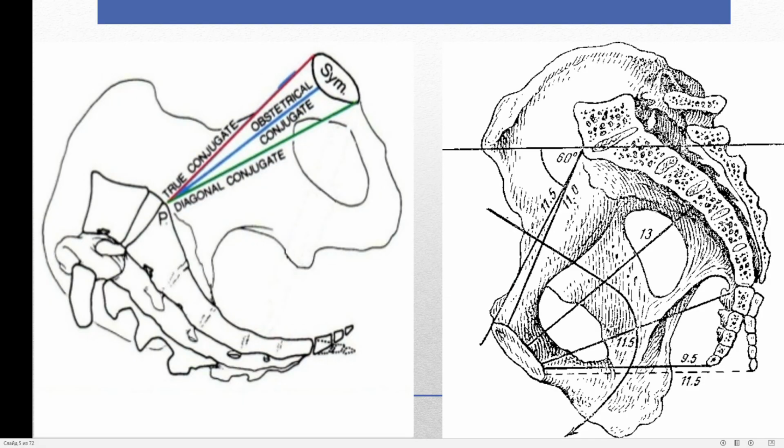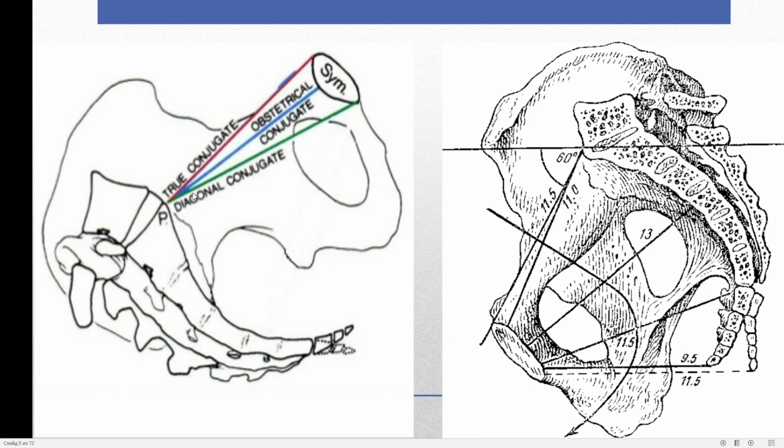For us, some sizes are interesting. It's the true conjugate, the obstetrical conjugate and the diagonal conjugate. Of course, later I will show what they are and explain how we can measure these types of conjugate. As you see, the true conjugate is the distance from the promontorium to the upper inner part of the pubic symphysis.